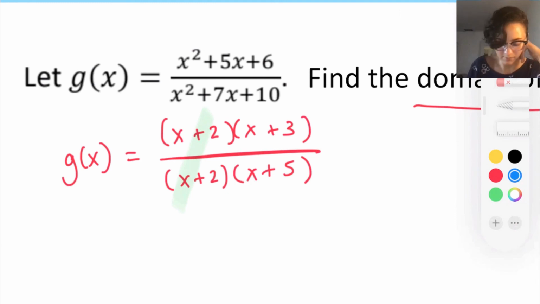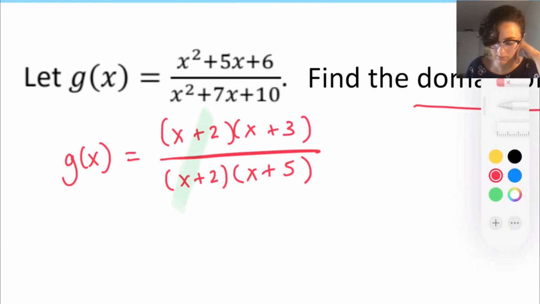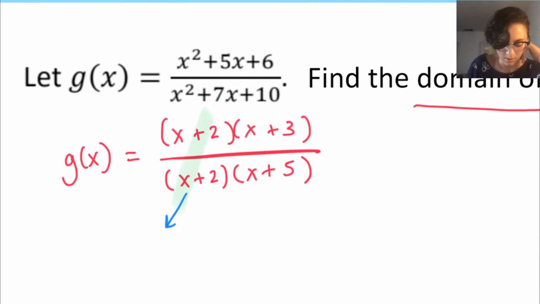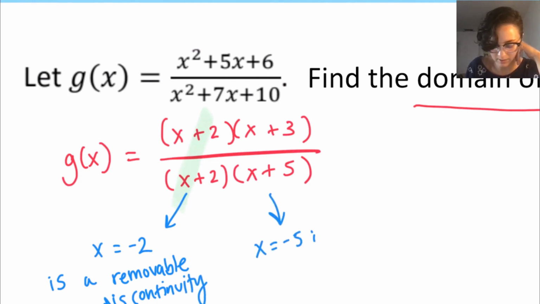So I can see from here, x equals -2 is a removable discontinuity. And then here, x equals -5 is an infinite discontinuity.